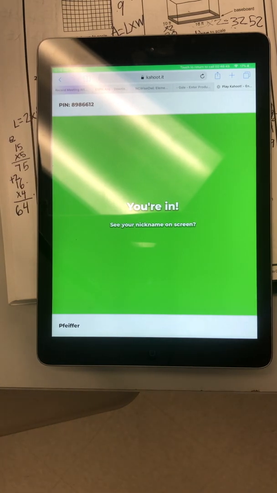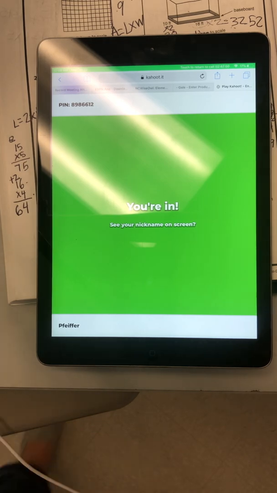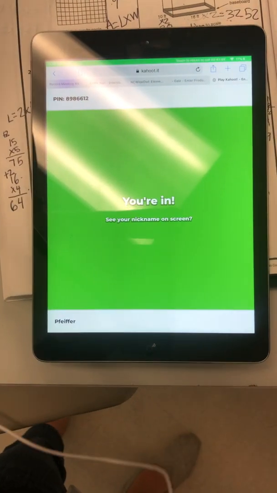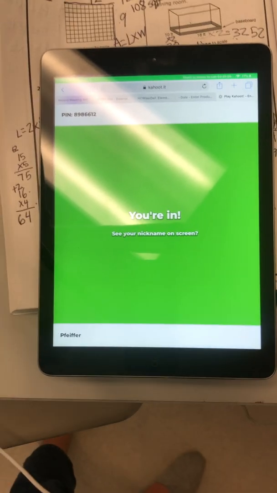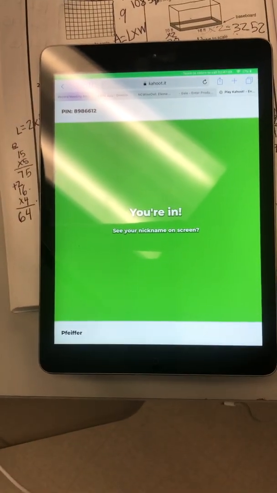Should I have the purple thing on my thing too? Yes, because that's where you're going to get the question. That's where you're going to get the questions from. Oh, and then on the green one I answer? Yes, on the green one you answer, and on the purple one you're looking at the question that I'm presenting.